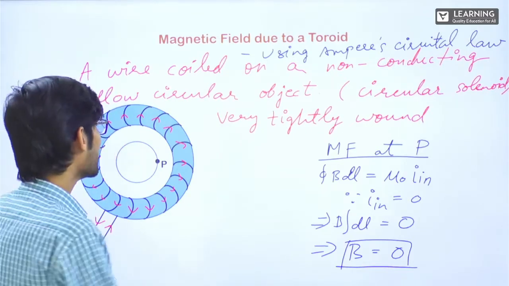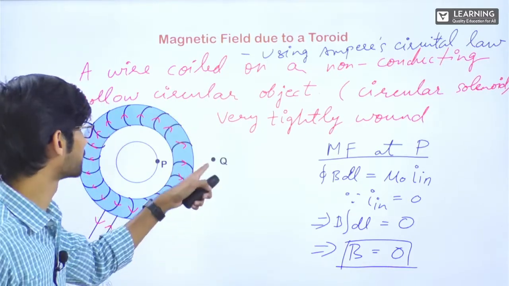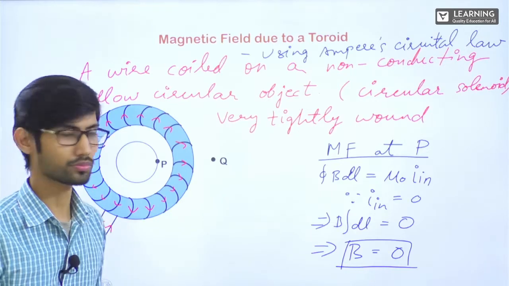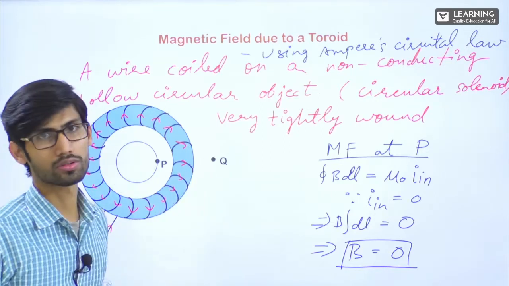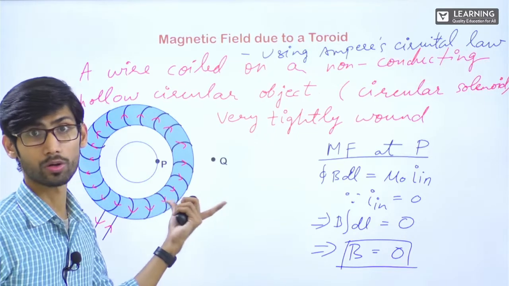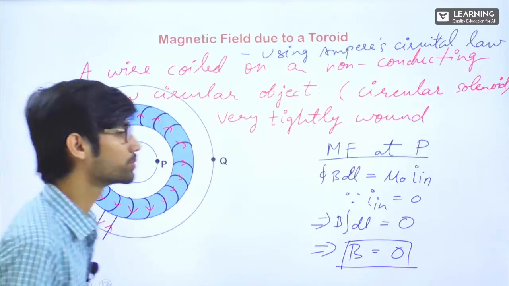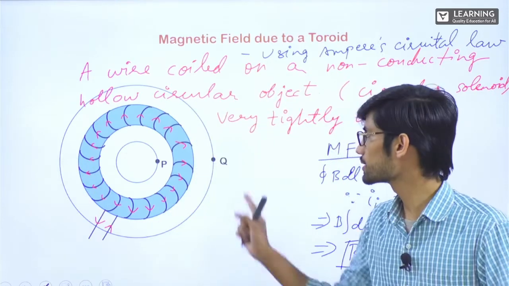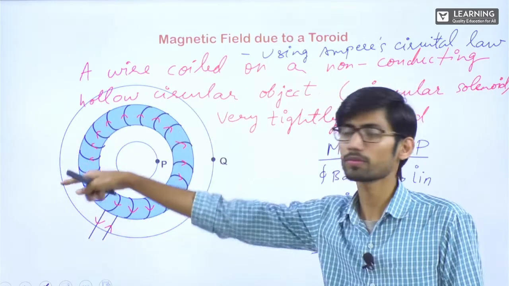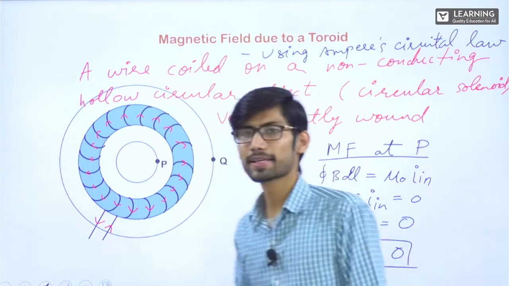Done. Now let's say a point is here outside, Q. Here how much magnetic field is there due to this toroid? What we'll do again, Ampere's loop. Let's make an Ampere loop. I hope you can see. This is the Ampere's loop. How much current is there inside this Ampere loop?